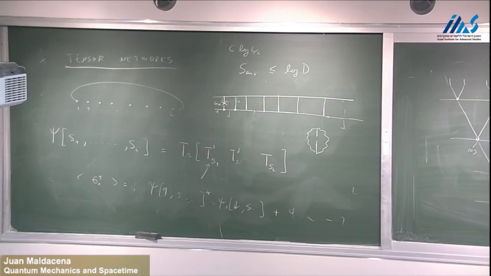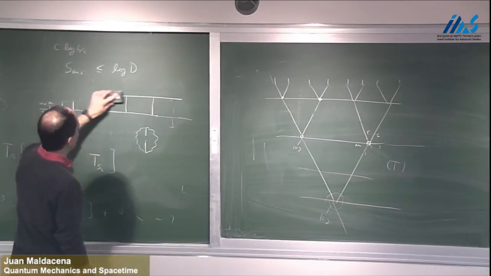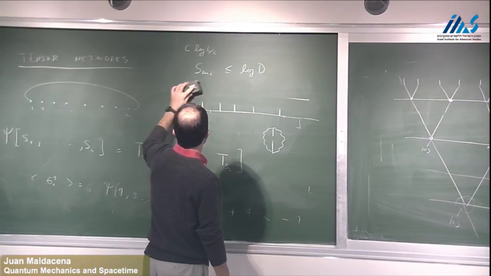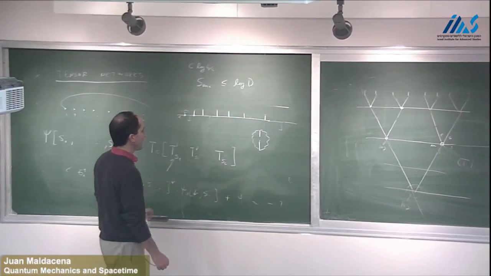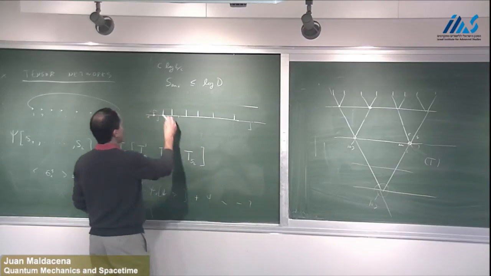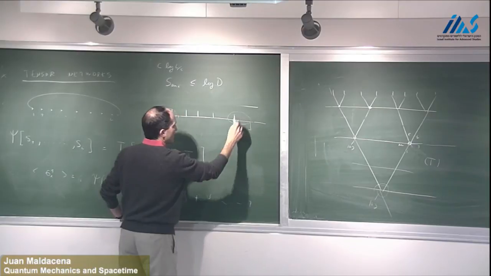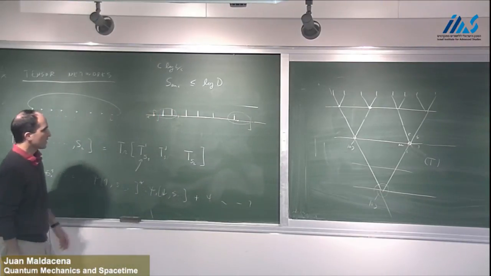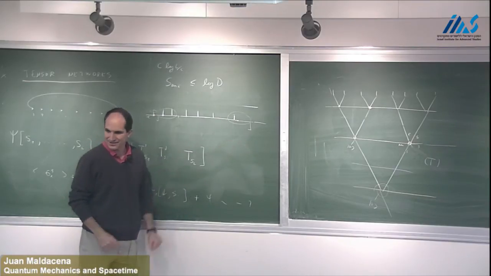Now let me just do something first. Imagine we had this tensor network in the ground state, and now we considered some set of excitations. Let's say we put some excitations here and some other excitations here along the chain, in such a way that they are entangled with each other, right?